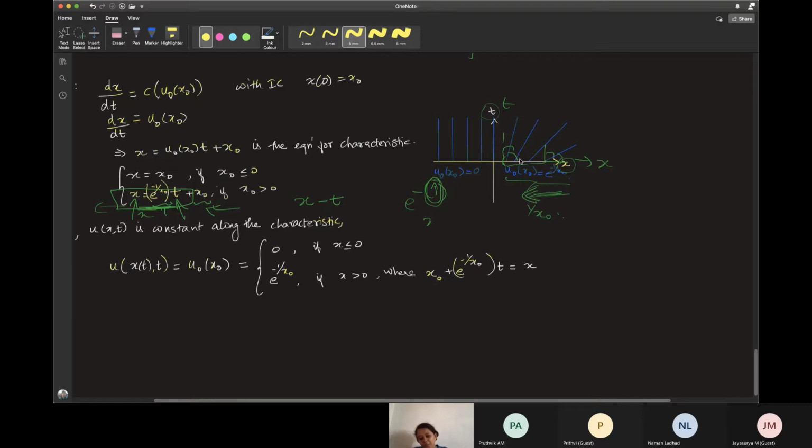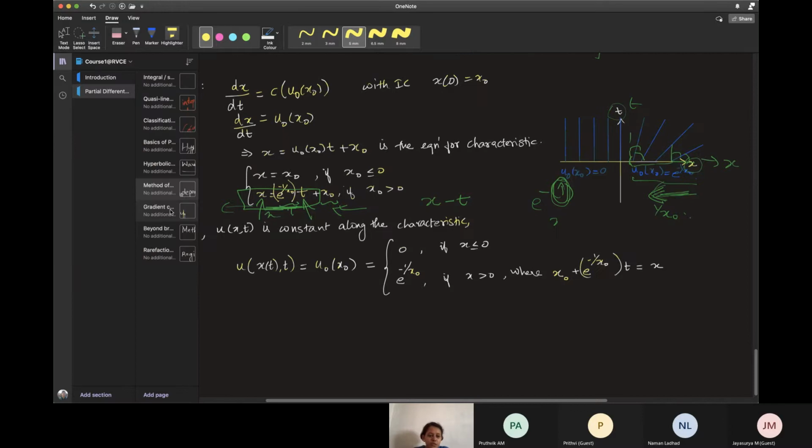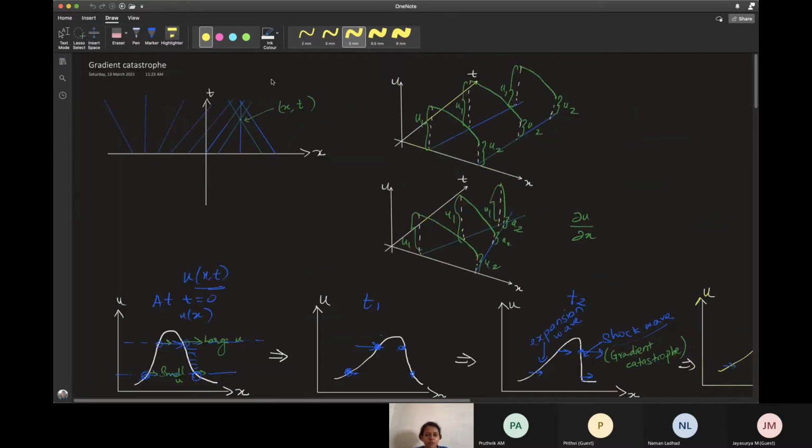It's not necessarily from a point. You can see with this profile, they'll never intersect. So we call them diverging characteristics. We saw how we then moved on to converging characteristics, and we saw how converging characteristics can lead to gradient catastrophe, wherein the slope ux is not defined anymore.